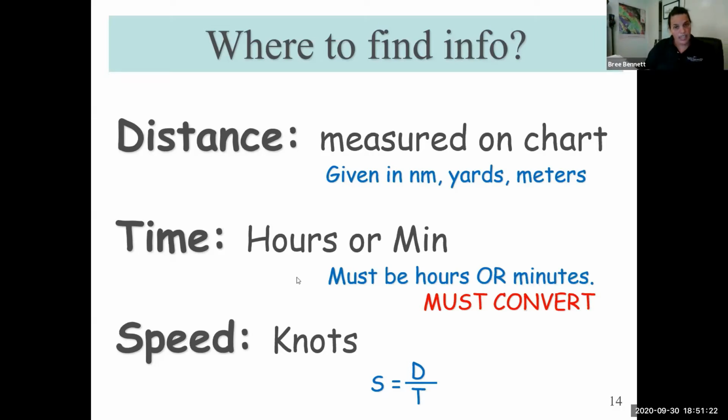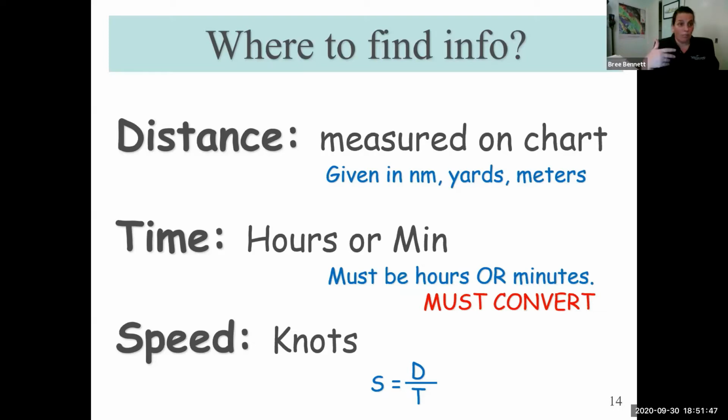So time, again, is either hours and minutes, and we must convert. So we're going to practice that right now. But then for speed, it's knots, and that we're either going to find on our boat as like a speed logger. A lot of times we have what's our current speed or what's the past speed that we've done in the last 6 minutes or 12 minutes.